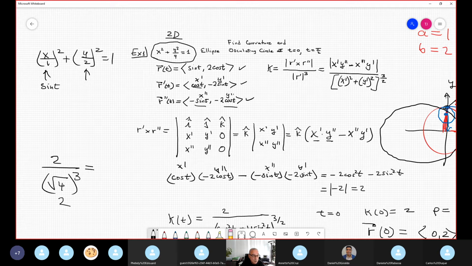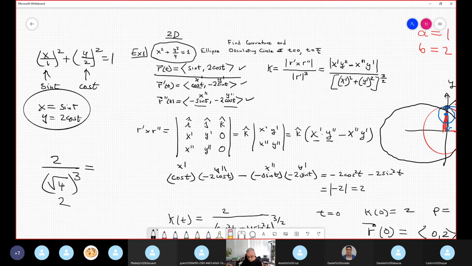Because I know the famous trigonometric identity: sine squared plus cosine squared equals 1. Therefore, my parameterization was, at the beginning, I skipped that part because I suppose that you know. x equals sine t, and y over 2 is cosine t, so y equals 2 cosine t. That is the reason I write this automatically. This is clear or no?